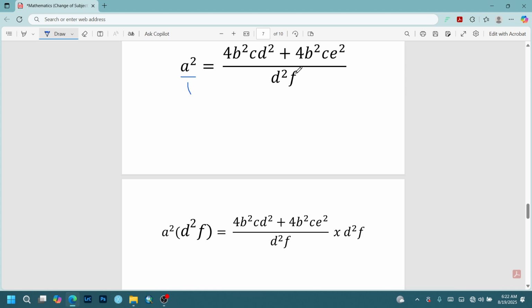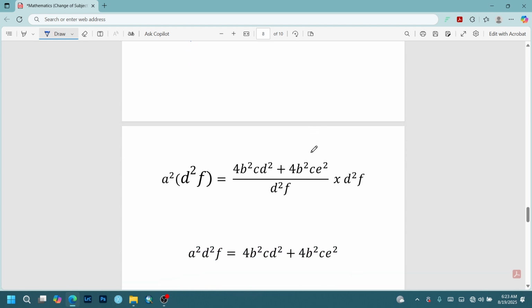So our new equation is a square multiplying d square f equals the fraction 4b square cd square plus 4b square ce square over d square f, multiplying d square f.